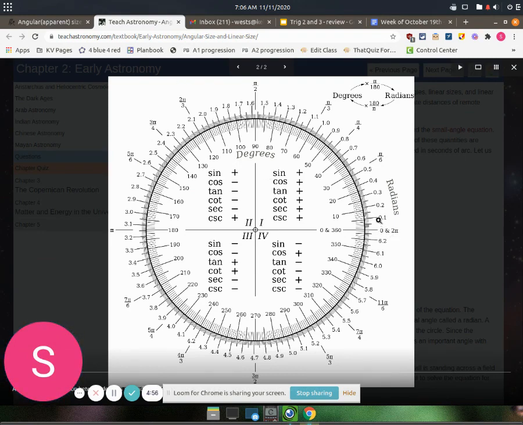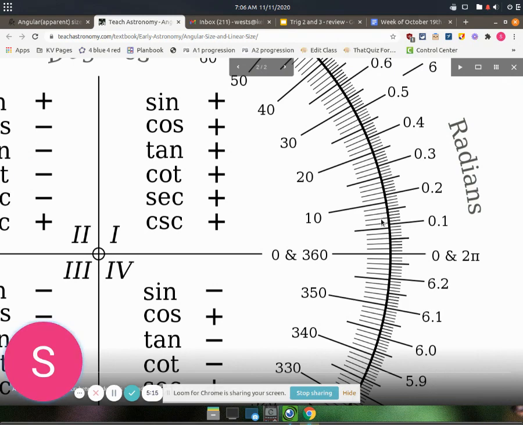So one full sweep here is 6.28, or it's 2 pi. Here on the inside, you can see they're breaking it down into 360s. So from here to the 10 mark would be a 10-degree angle. But then you see these really fine tick marks here. These are each 1 degree.